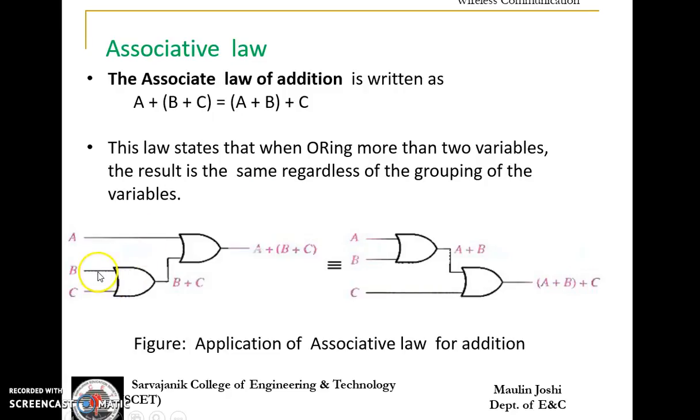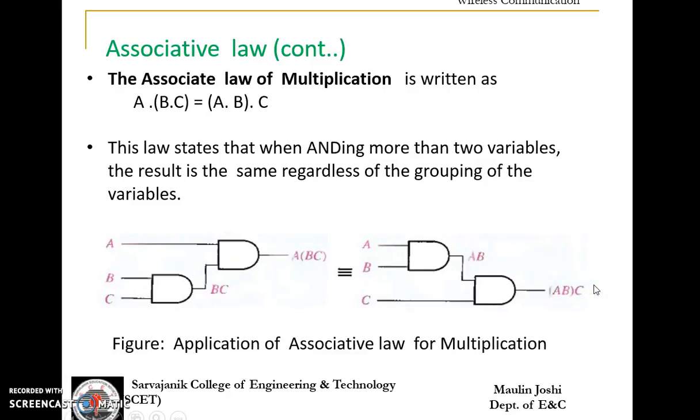That means if we OR B and C, resulting in B or C, and then add A, that results in A plus B plus C, which is equivalent to first ORing A and B, resulting in A or B, and then ORing C, which results in A or B or C. So the associative law says that there is no difference as far as these associations are concerned.